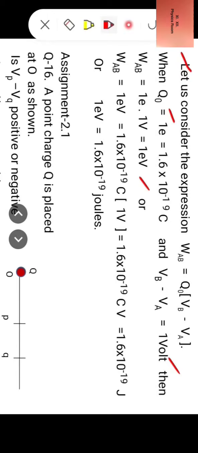We can write it as 1.6 into 10 raised to power minus 19 coulomb into 1 volt, or 1.6 into 10 raised to power minus 19 coulomb volt, or equal to 1.6 into 10 raised to power minus 19 joule. So you remember the relation: 1 electron volt is equal to 1.6 into 10 raised to power minus 19 joules. This is how we can convert electron volt into joules.